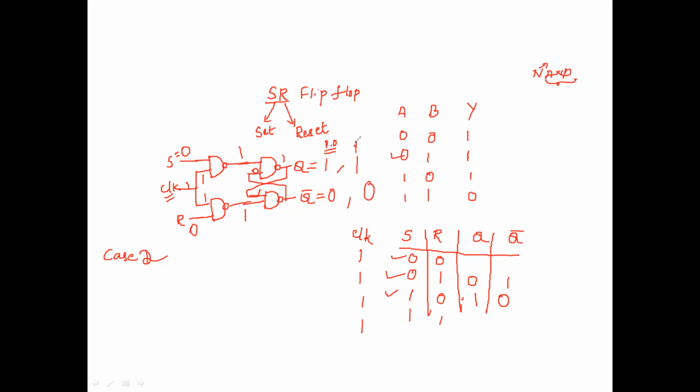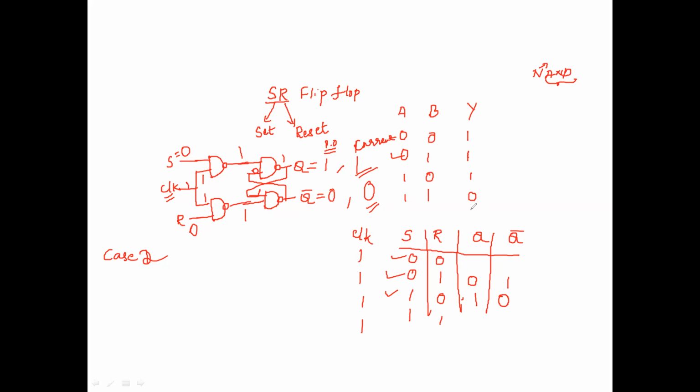This is the previous output and this is the current output. Whatever output I'm getting, it is 1 and 0. Please check it: the present output and the previous output are the same. That means if I give both as 0, 0 as input for the S and R inputs of the SR flip-flop, the output will not change. If Q was 1, you will get Q as 1.